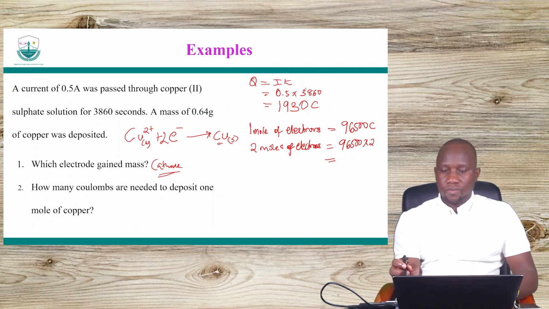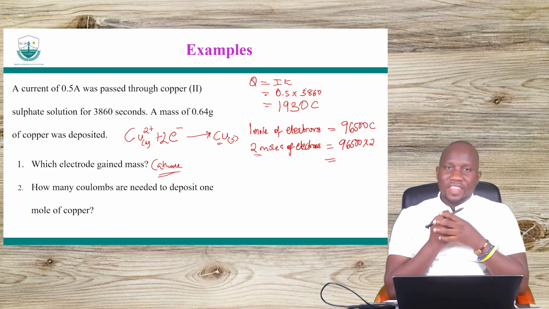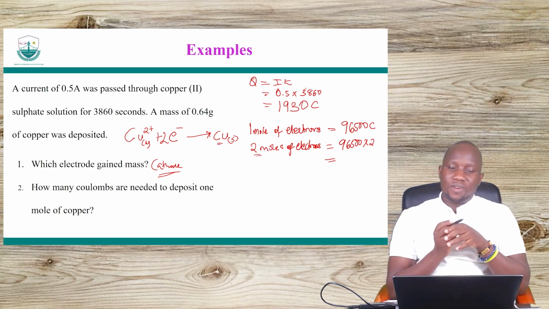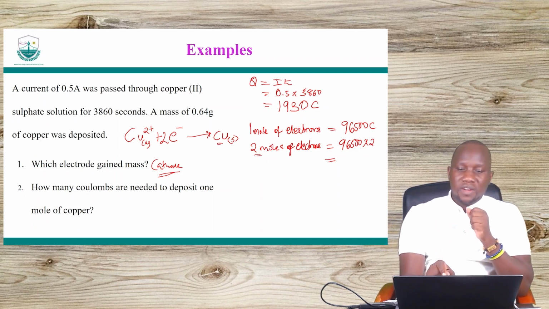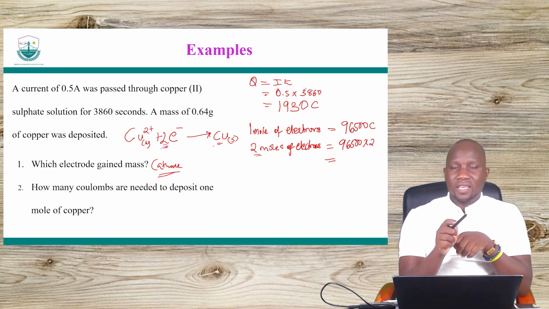So why are we looking at 2? Where is this 2 coming from? That 2 is coming from the fact that for you to liberate 1 mole of copper, you need 2 moles of electrons. That's why balancing the equation becomes very important.